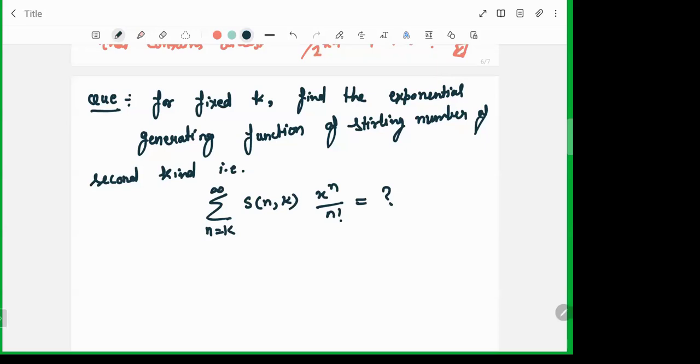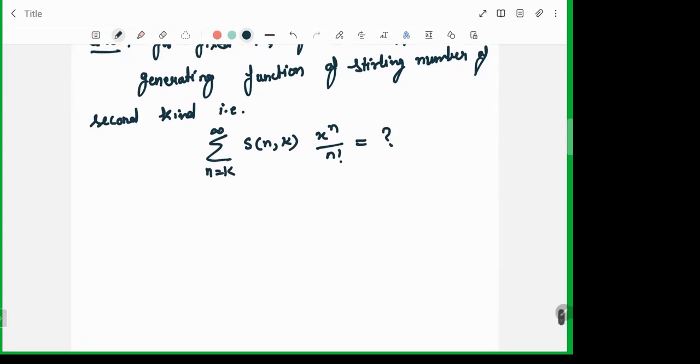So what is the Stirling number of second kind? The number of ways of partitioning an n set into k non-empty subsets, right? So this is a Stirling number. We have seen this in lectures, right?